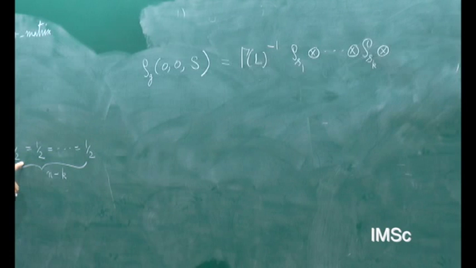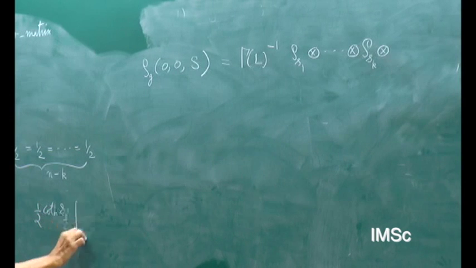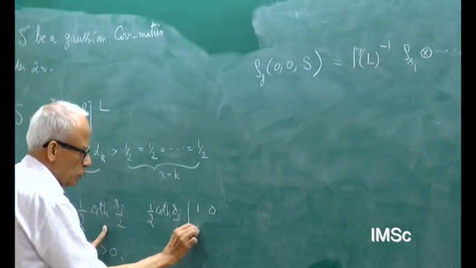For P you choose one, for Q you choose one. The Dj, when they are written like that, are half of coth(Sj over 2) times [1 0; 0 1].